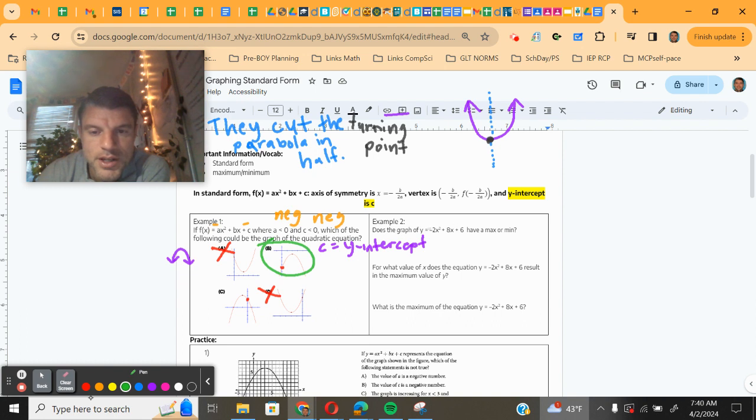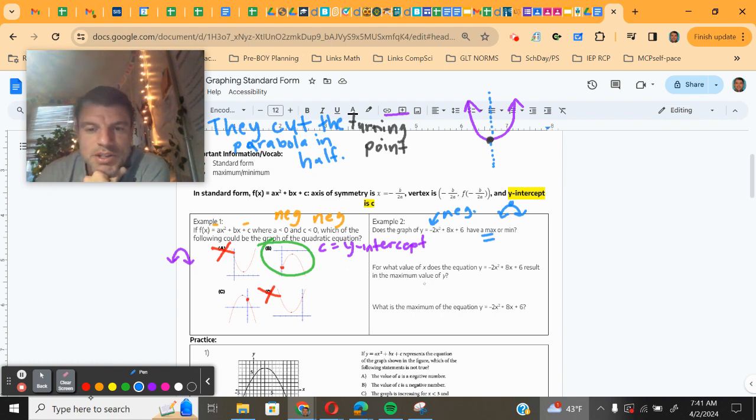Okay, example 2: does the graph have a min or max? Since this is negative, we know it's going to look like this. So this graph has a high point, which is a max. For what value of x does the equation result in the maximum of y?